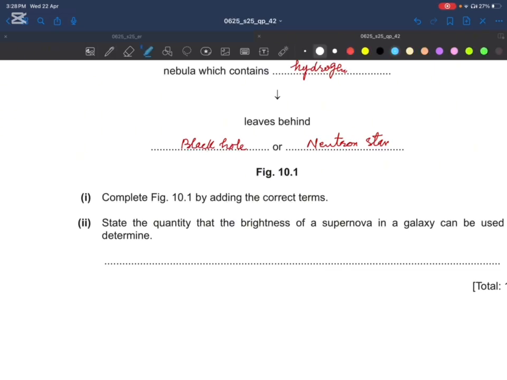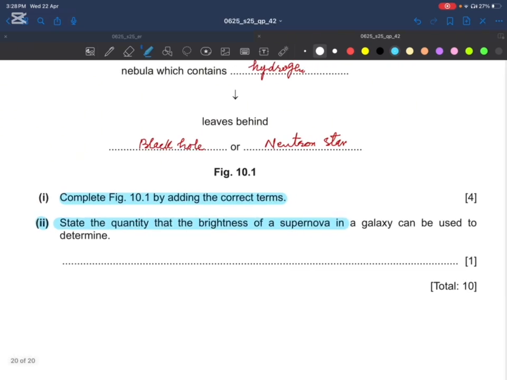Complete figure 10.1 by adding correct terms. We have already done this. In part 2, state the quantity that the brightness of the supernova in a galaxy can be used to determine. So what quantity can you determine by the brightness of the supernova?